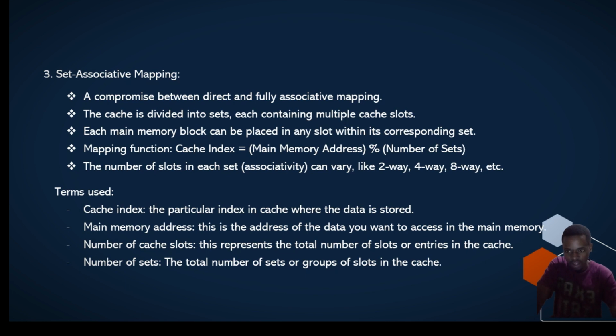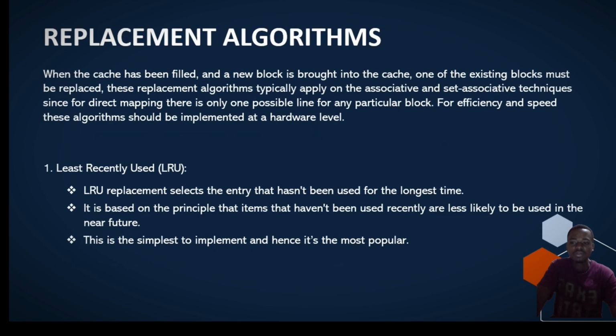Then, other than mapping functions, I'm also going to discuss replacement algorithms. So when the cache has been filled, a new block is brought into the cache and one of the existing blocks must be replaced. And these algorithms typically apply to help us replace the current block of data in the cache.